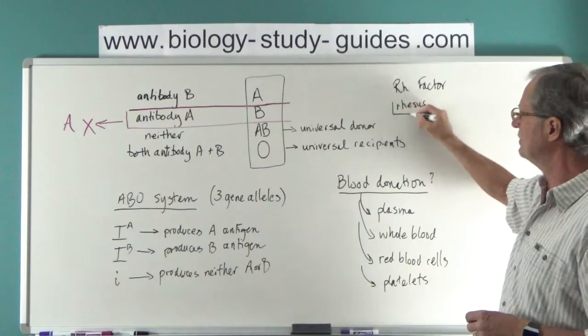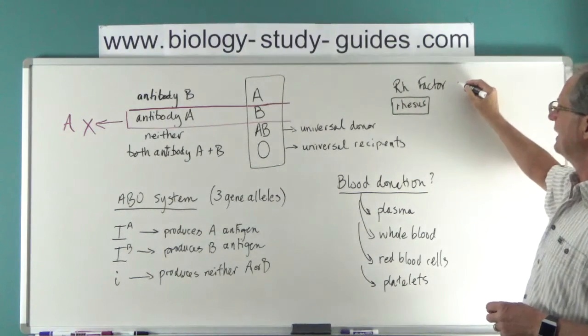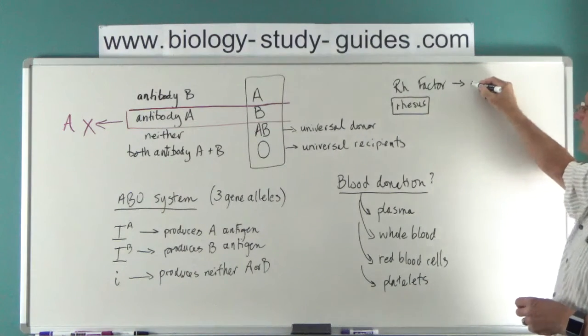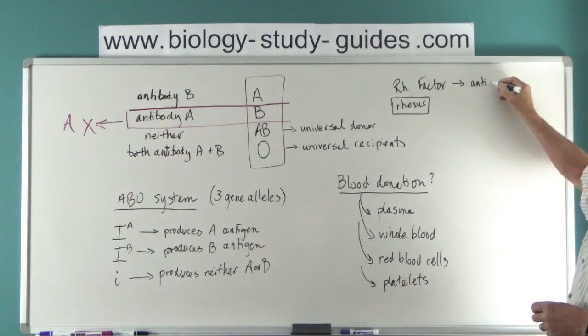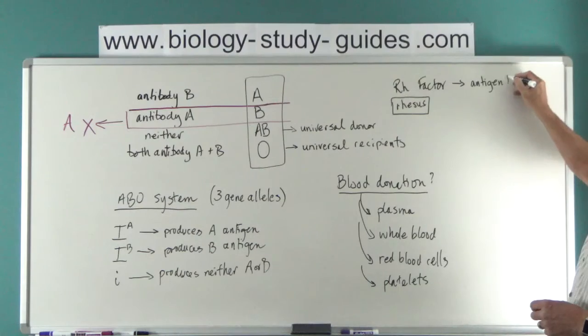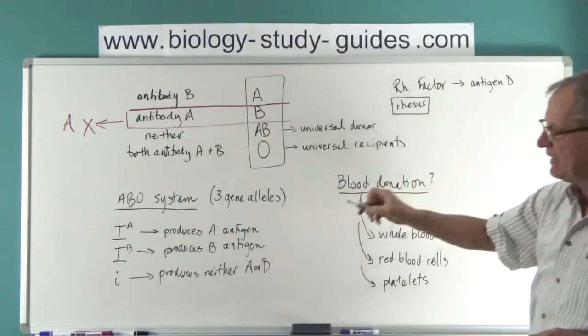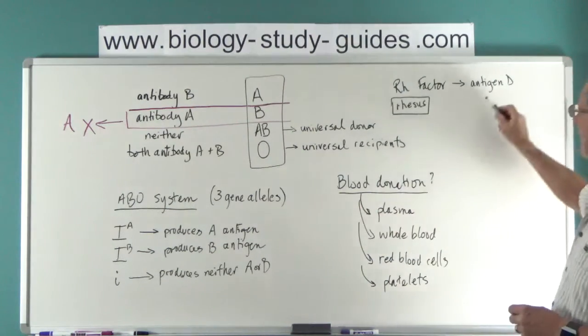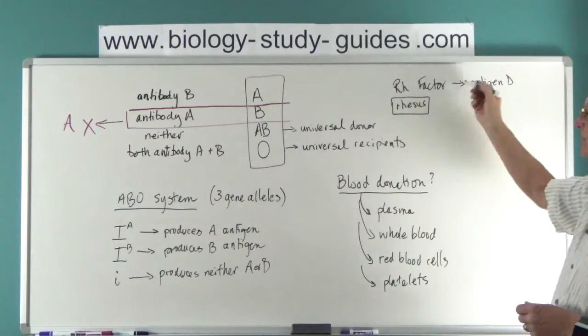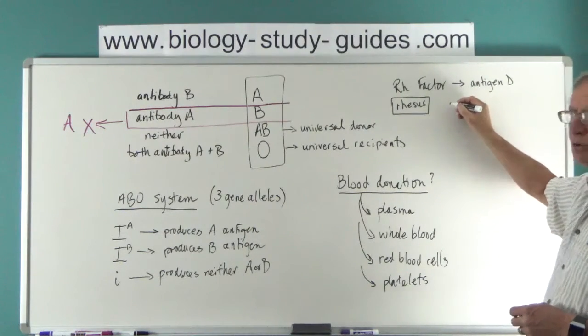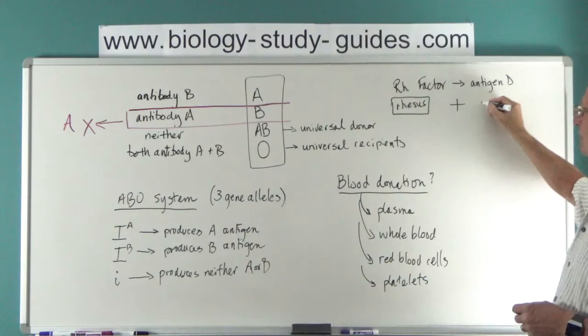Its name comes from the rhesus monkey. And it's because of the presence of an antigen D. So we have an antigen A, an antigen B, we have an antigen D. And this situation is that you either have it or you don't. So it's either you have it or you don't have it.